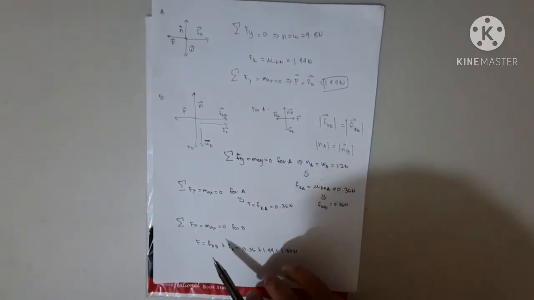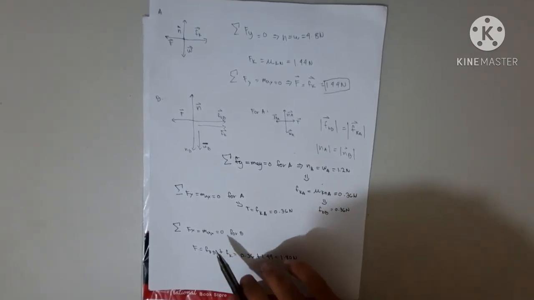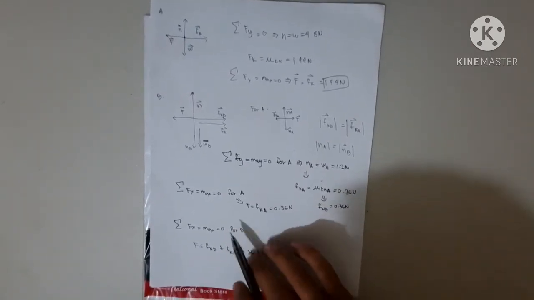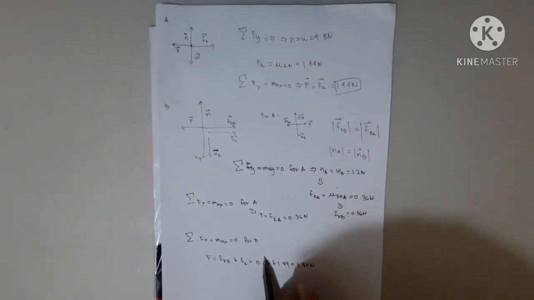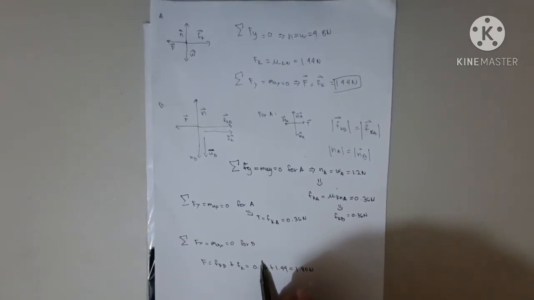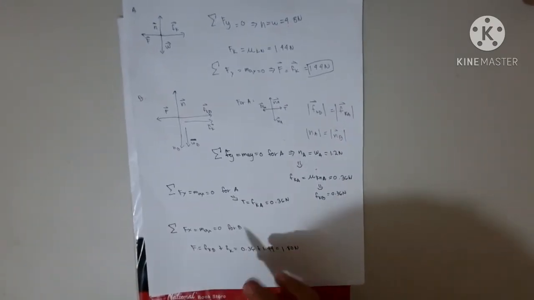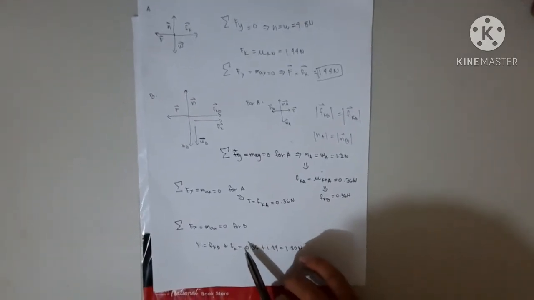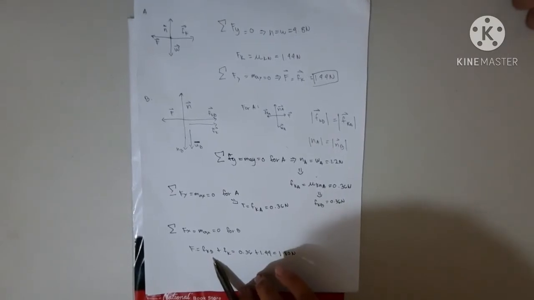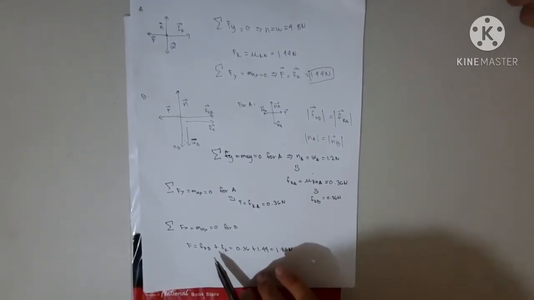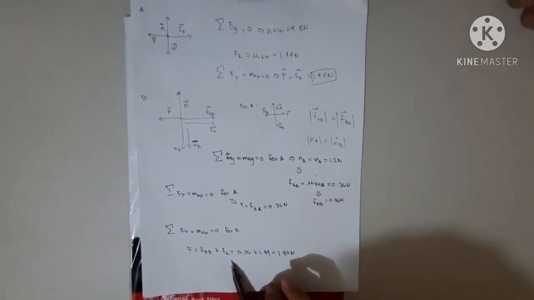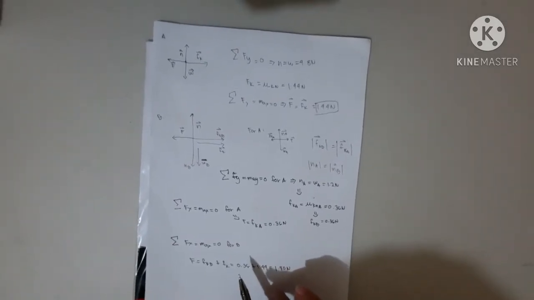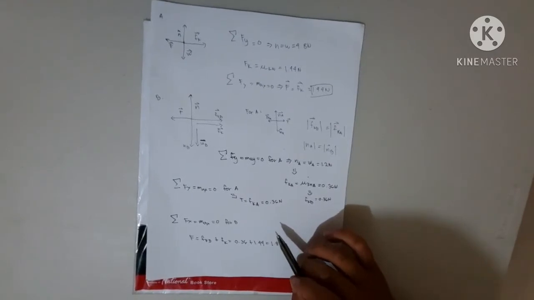So for B, this time, the force that we apply is equal to this friction force plus this friction force, where we already calculated what those friction forces are.